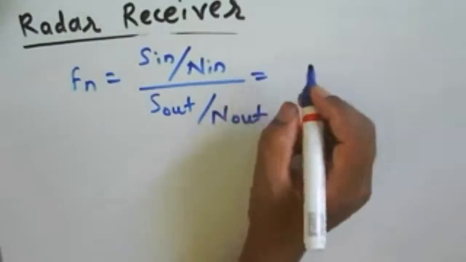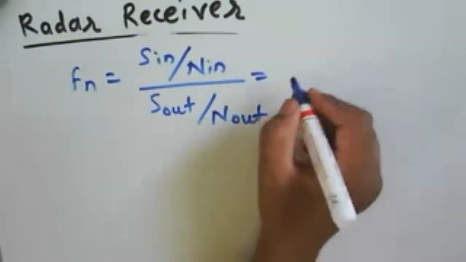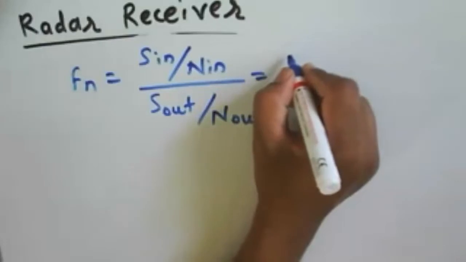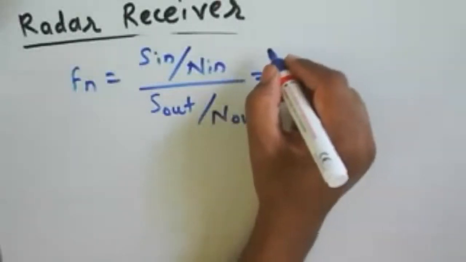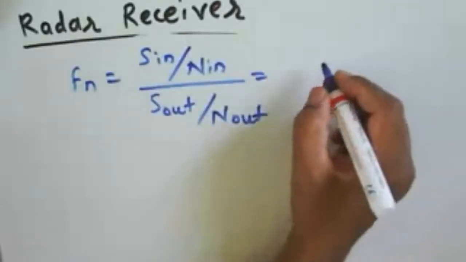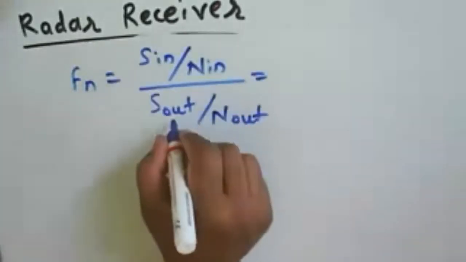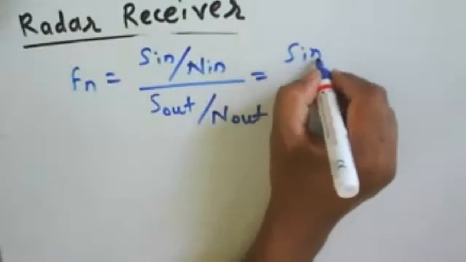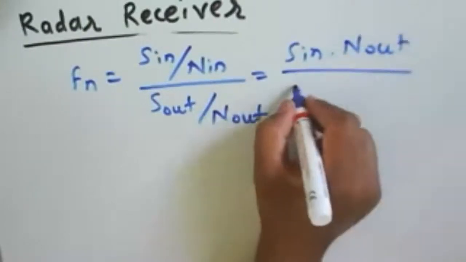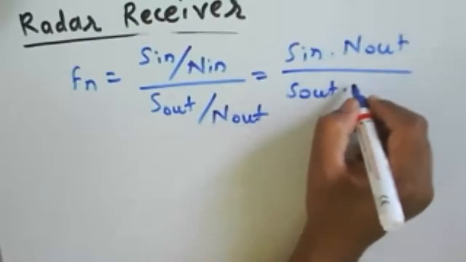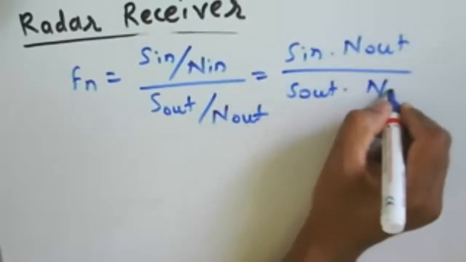So in general, if you solve it, S in is nothing but the signal available, and S out. If I consider this one, it will be S out and S in.